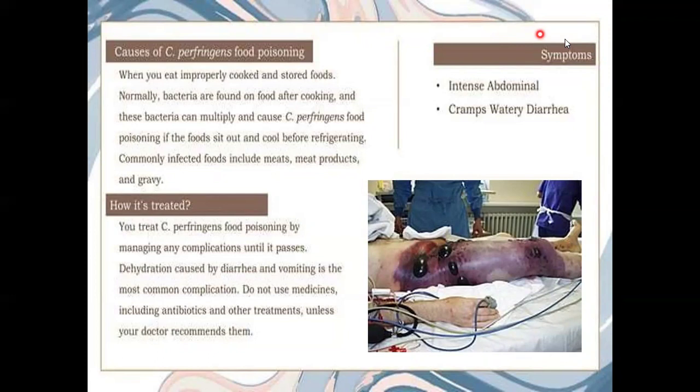But if you start having diarrhea after, let's say, 8, 9, 10, 11, 12 hours, you have not eaten the toxin. In this case, for Clostridium, you've eaten the spore. The spore will go into your system, germinate into bacteria, then the bacteria will release the enterotoxin. That is what is going to cause the late onset, intense abdominal pain, and watery diarrhea.